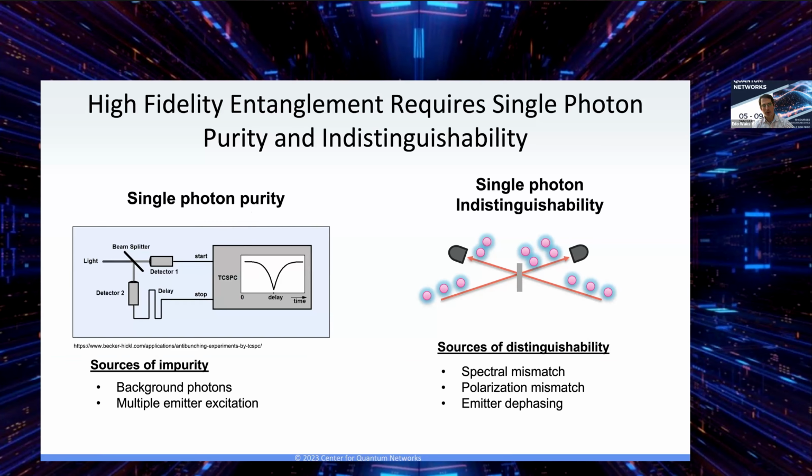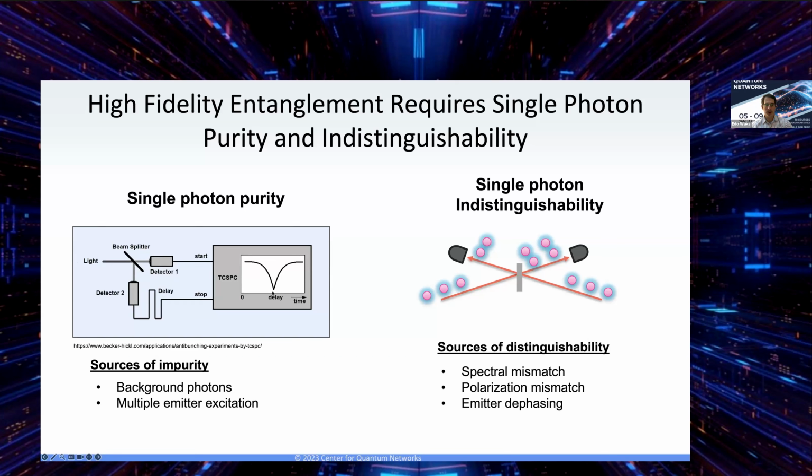Purity is often measured by something called a Hanbury Brown and Twiss intensity correlation measurement. The idea is you take your light, put it on a beam splitter, and you send each port of the beam splitter to a different detector. And the idea here is that if you're really generating single photons, you will never get a simultaneous detection between the two detectors.